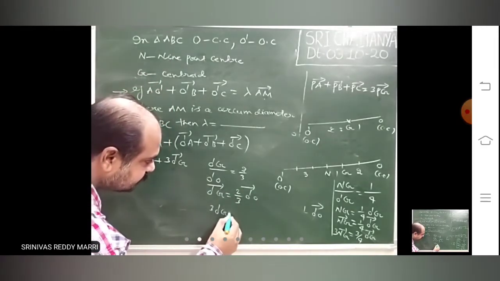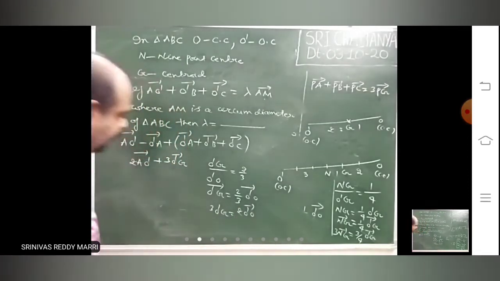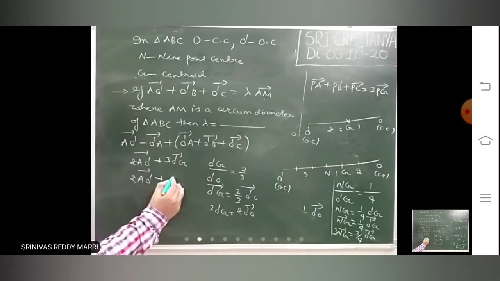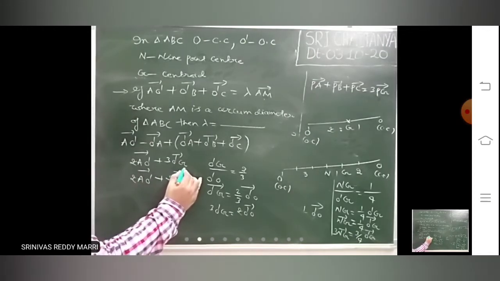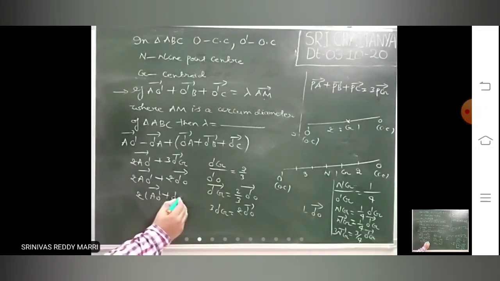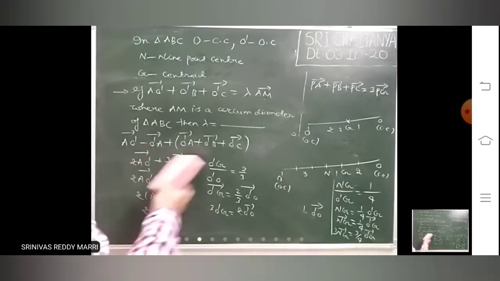That means you can replace 3 O'G with twice O'O bar. That means 2 AO' bar plus 2 O'O bar, that means AO' bar plus O'O bar. According to the triangle law, this is nothing but twice AO bar.